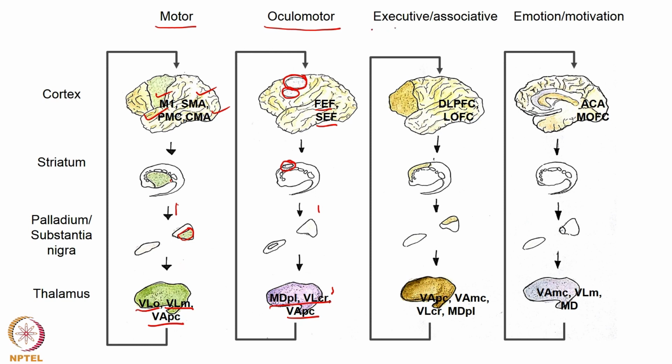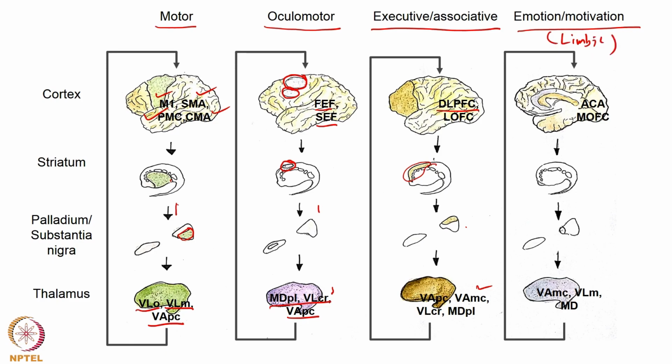It is also believed to perform important executive functions. So, basically it receives input from dorsolateral prefrontal cortex and projects to caudate, and outputs to pallidum and substantia nigra pars reticulata, and outputs to the thalamus. It is also believed to perform emotion, motivation or limbic functions.